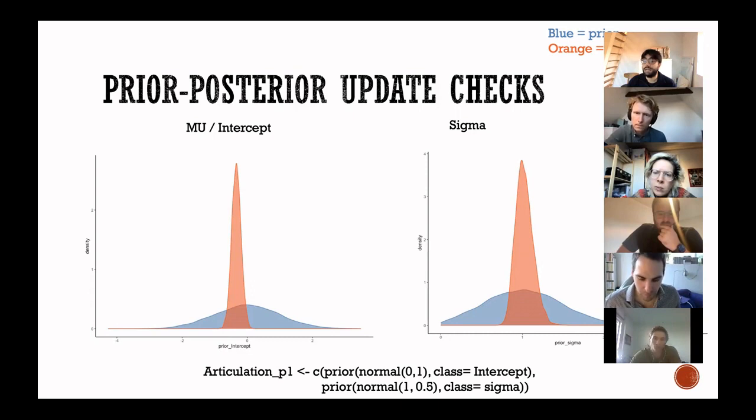Some people like numbers. To know whether it has learned enough, there are some suggestions in the literature, for instance, by Gelman, that a model has learned from the data only if you have a standard deviation in the posterior that's 1/10 of the standard deviation in the prior.